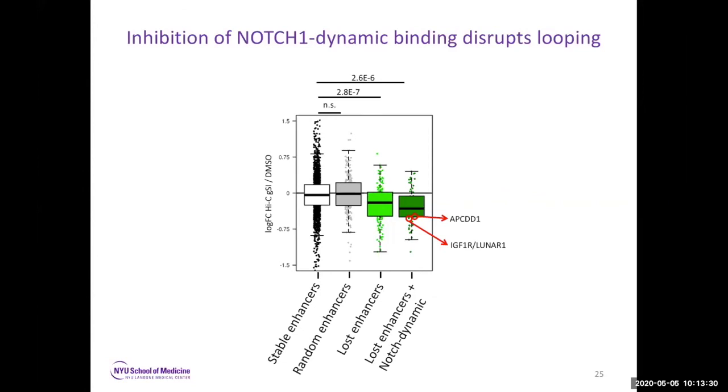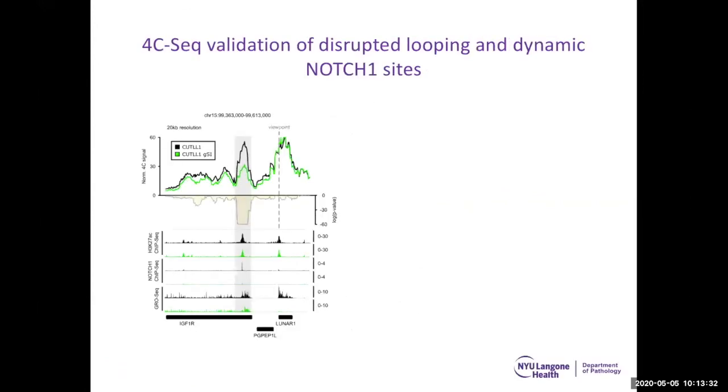So let's take a closer look at some of these examples. The first one is IGF1R. You see it here, and this is the long non-coding RNA LUNAR1. And there's an interaction between the two of them. LUNAR1 interacts with an intronic enhancer on IGF1R, and you can see the interaction here.